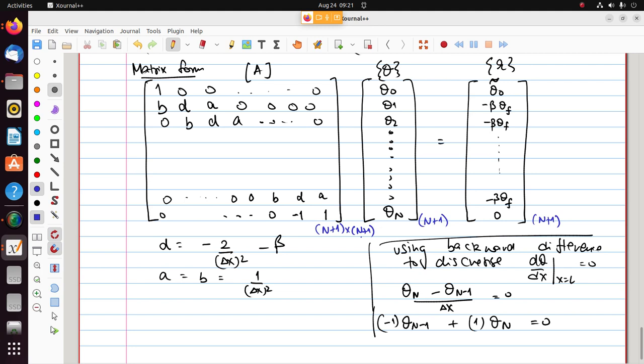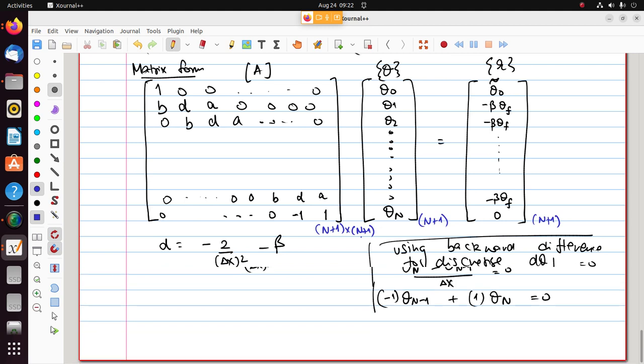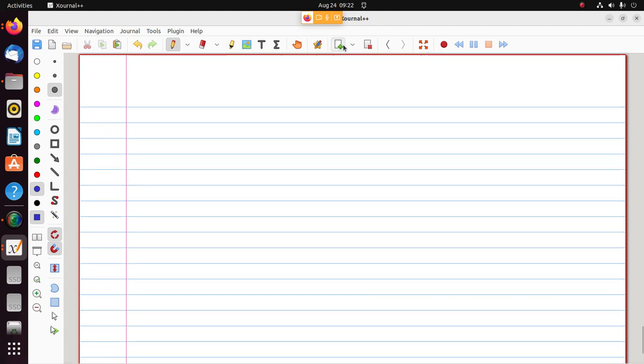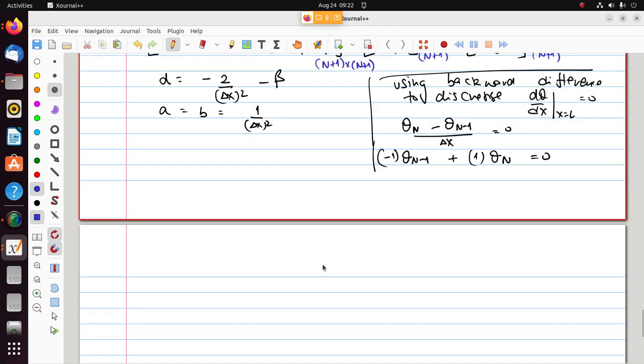That gives you the theta vector as A inverse times the vector R, right. That should be easy. Everybody has done a course in linear algebra here, so you should be able to understand that. So, let us write some notes.